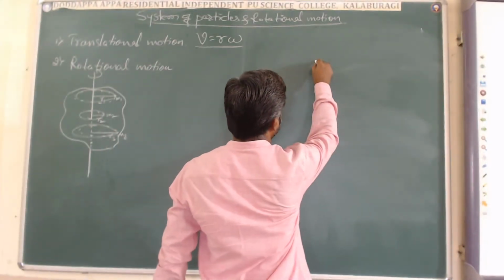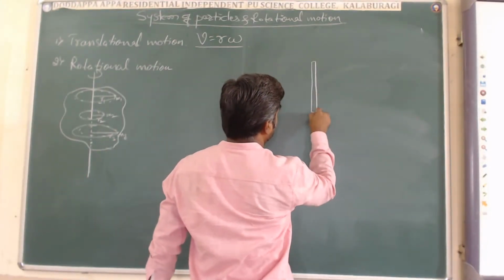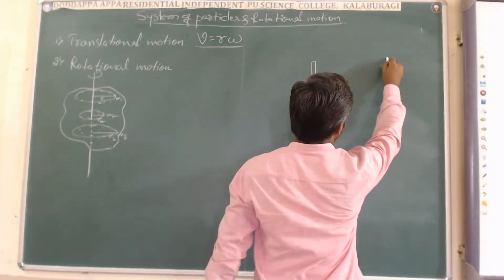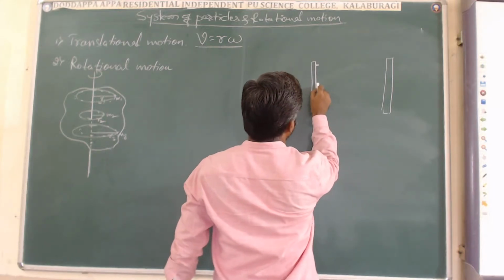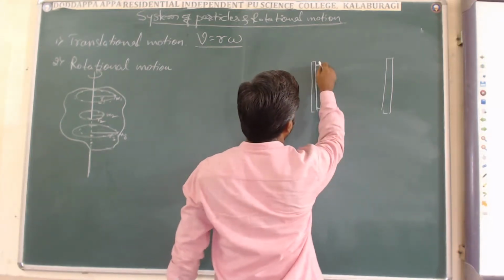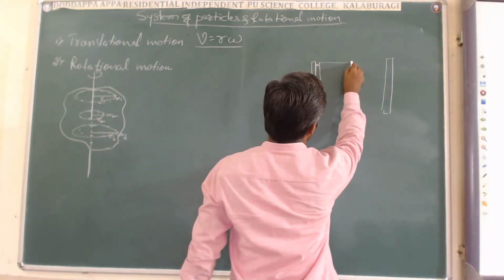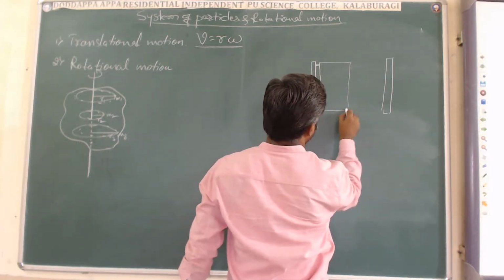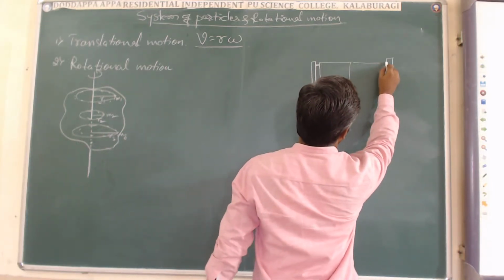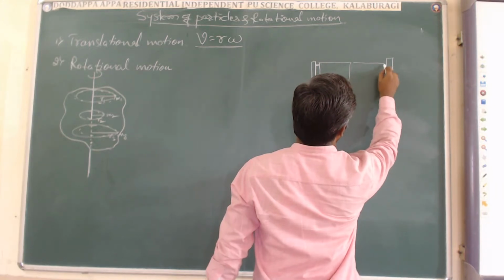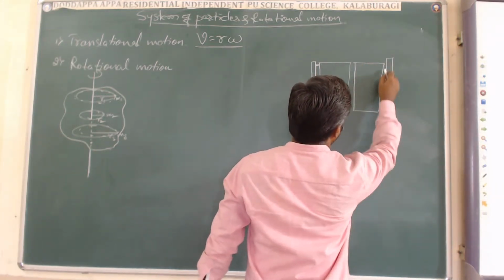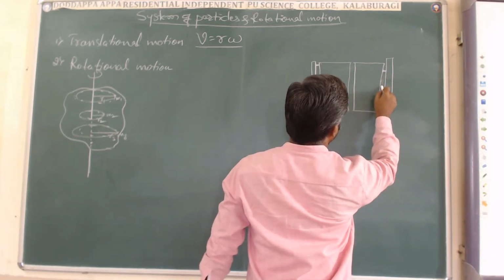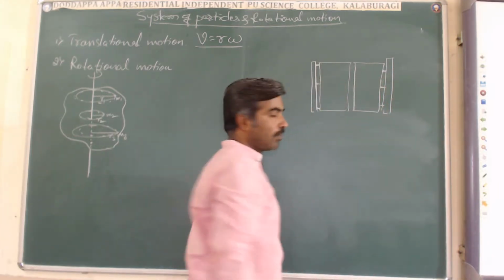Imagine we have fixed columns over here of a compound gate, fixed columns here, and here we have hinges supporting. Then we have fixed the gates. Consider this as a door or a gate.